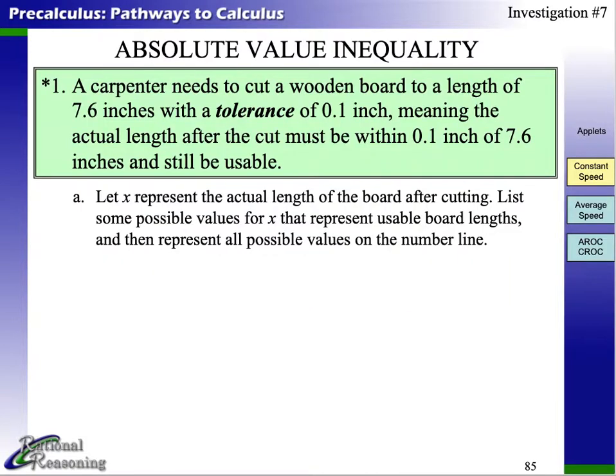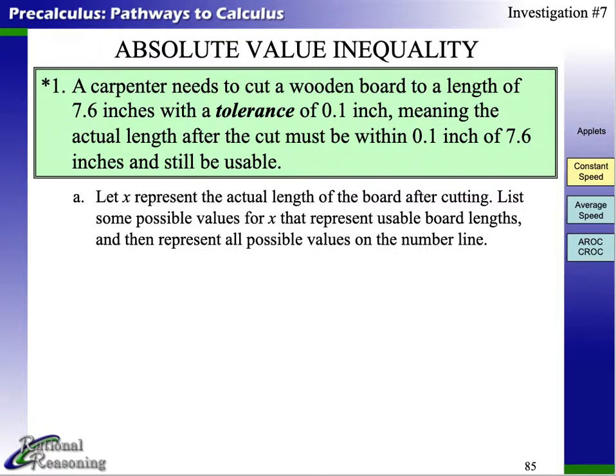So the absolute value, this is giving us basically a plus or minus. Absolute value just says value away from something. So a carpenter needs to cut a wood board to a length of 7.6 inches with a tolerance of 0.1 inch, meaning the actual length of the cut must be within 0.1 inch of 7.6. So you could think, okay, it could be 7.7 or it could be 7.5.